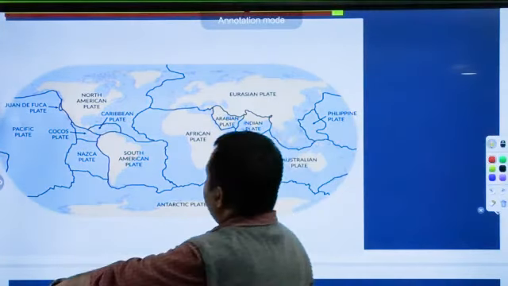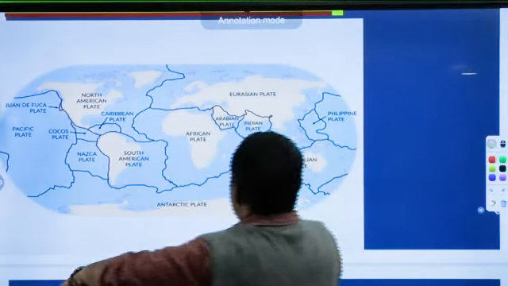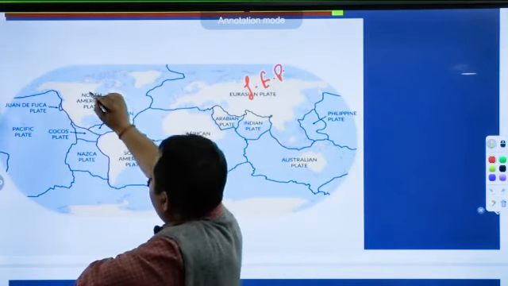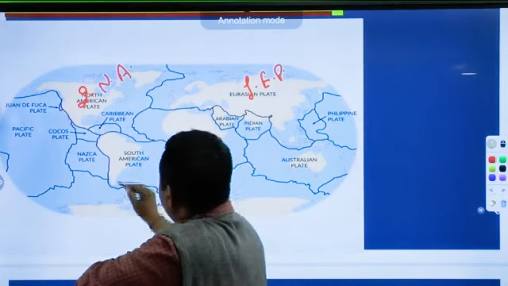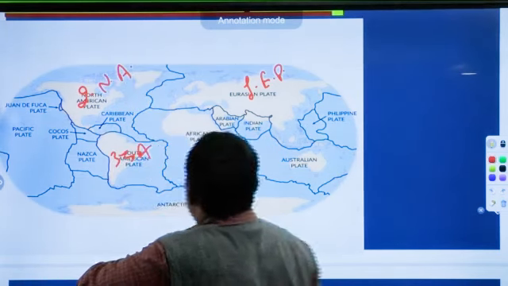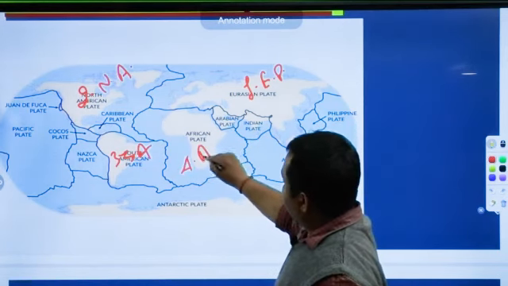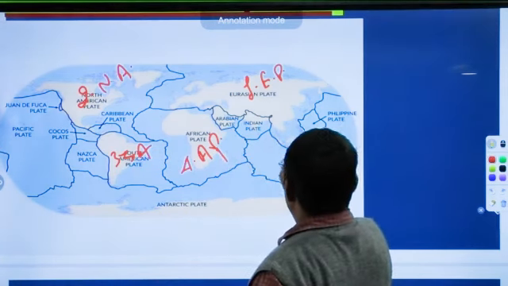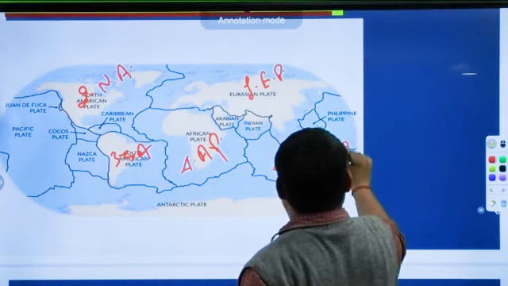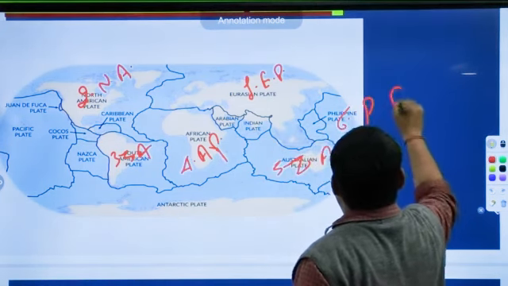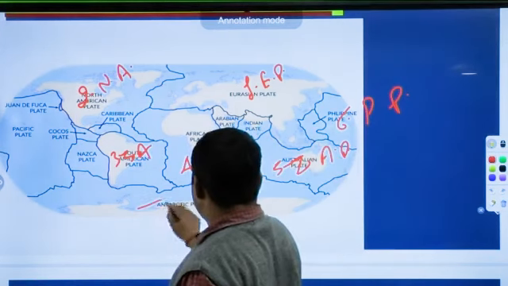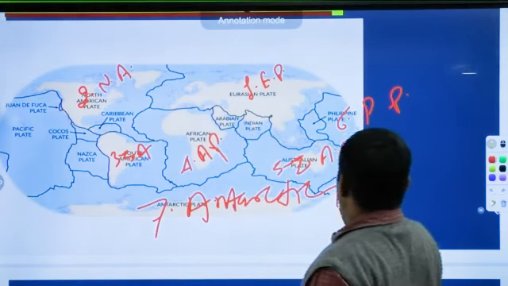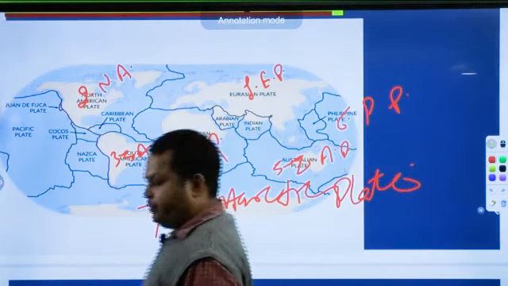First of all, I would like to tell you about the major plates here. First, the Eurasian plate; second, North American plate; third, South American plate; fourth, African plate; fifth, Indo-Australian plate; sixth, Pacific plate; and seventh, Antarctic plate.